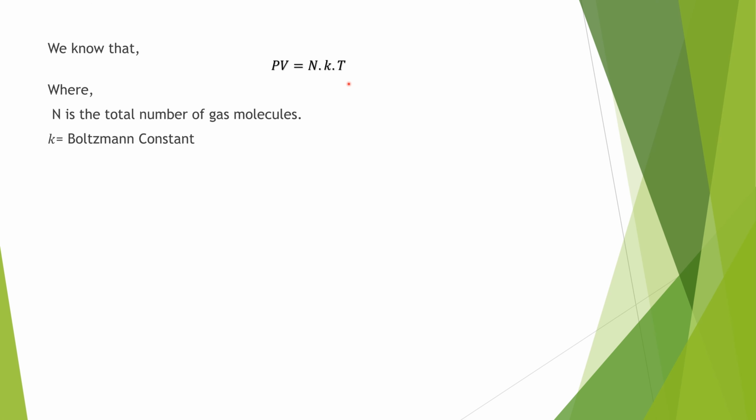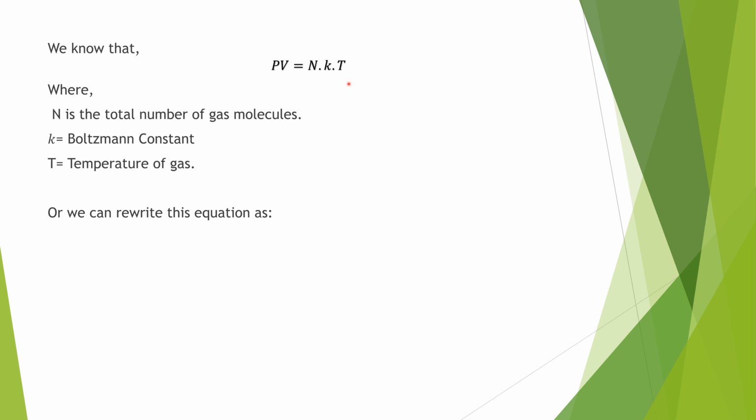For the verification of Charles' law using the kinetic theory of gases, we use the expression which I already derived, that is PV is equal to nkT, where n is the total number of gas molecules, k is the Boltzmann constant, and T is the temperature of the gas.